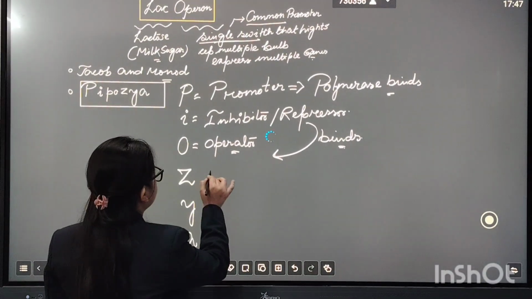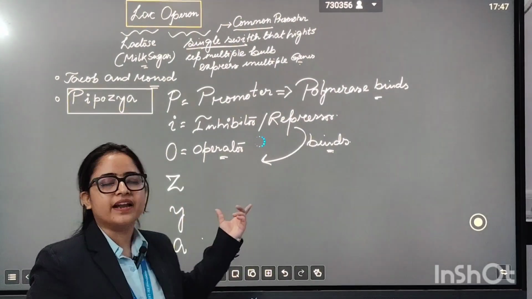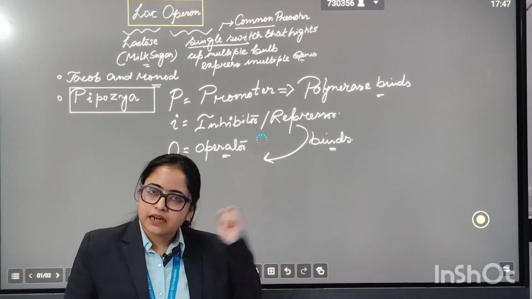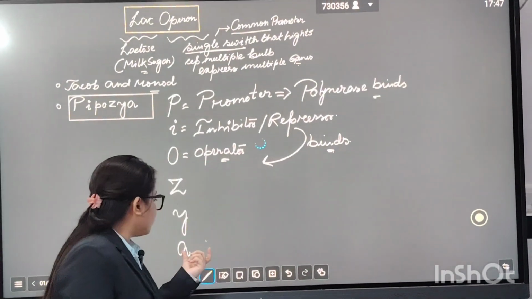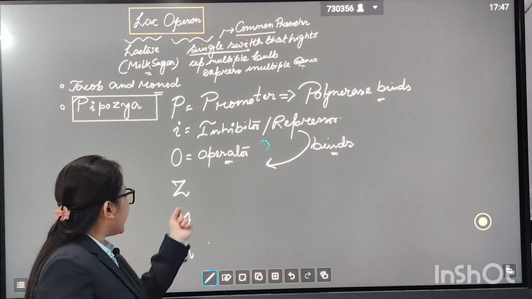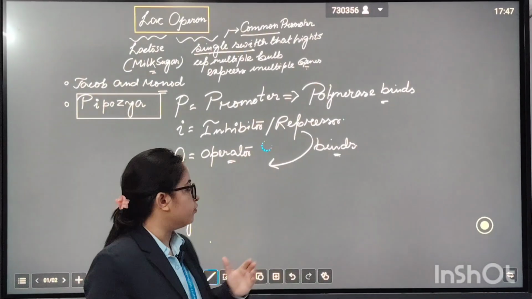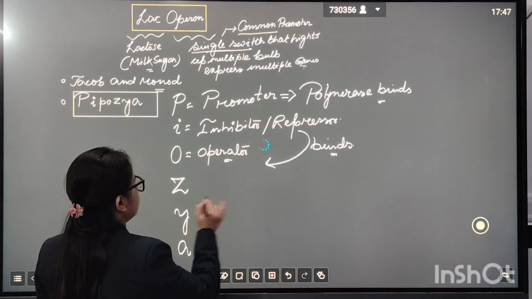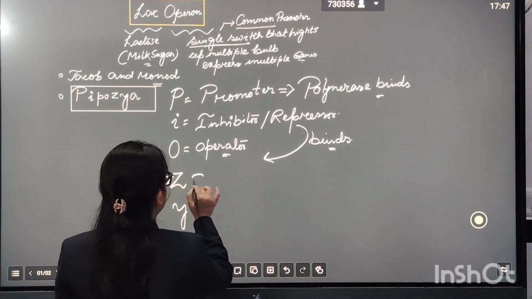Z codes for an enzyme that is beta-galactosidase. Y codes for permease and A codes for trans-acetylase. Together, Z, Y and A are the structural genes of the lac operon.